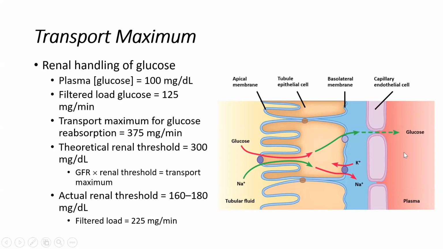And then we can get into the plasma, or if we're going in the opposite direction, the membrane structures are going to be the same, but we're just moving from one direction to the other. This is the general direction for reabsorption from tubular fluid to plasma. And the general direction for secretion is going to be from plasma to tubular fluid.